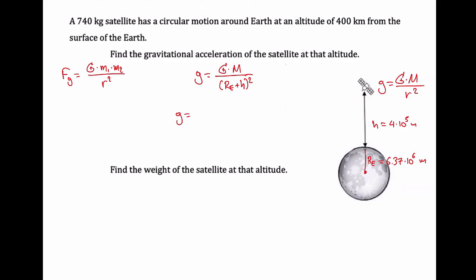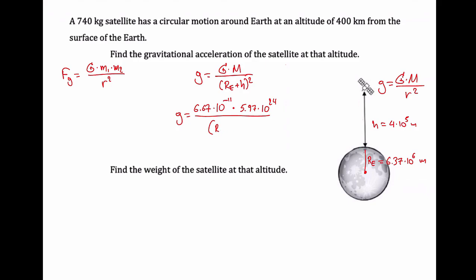Now, if we substitute the values for the universal gravitation constant, the mass of the Earth, that is a little bit less than 6, it is 5.97 times 10 to the power of 24 kg, divided by radius of Earth plus height.